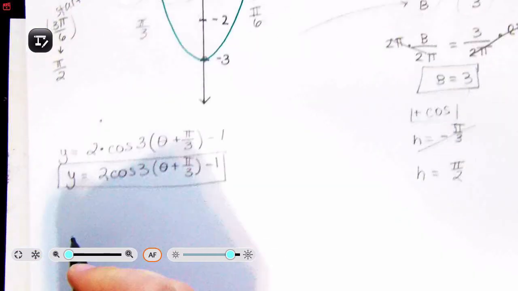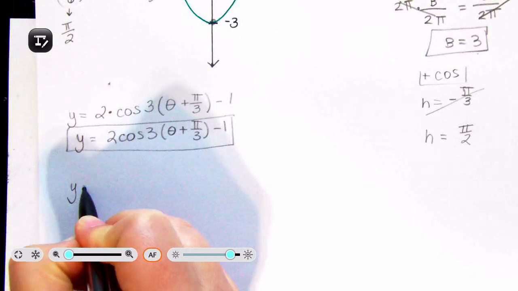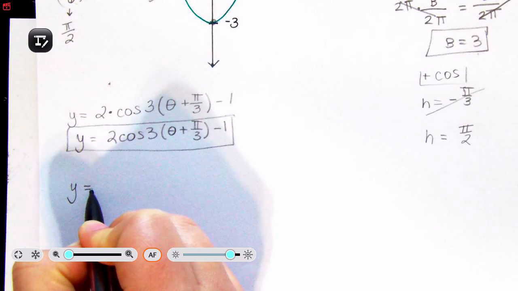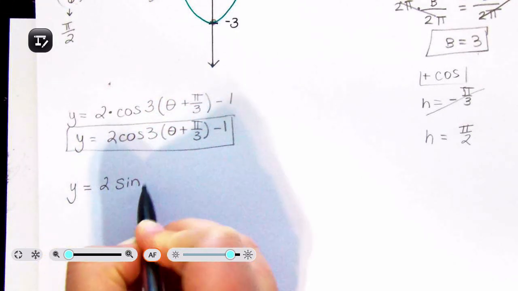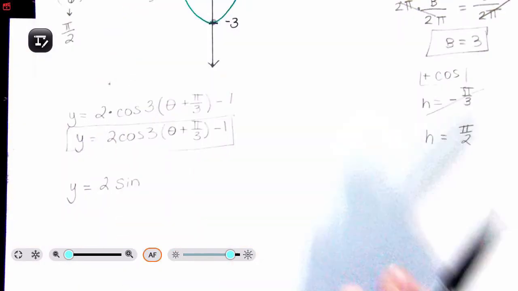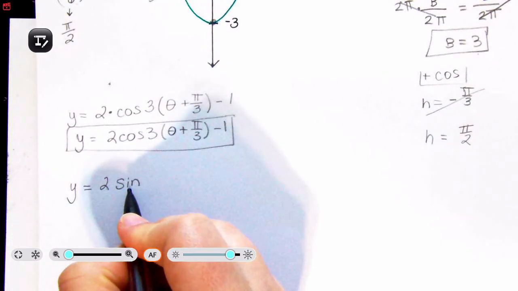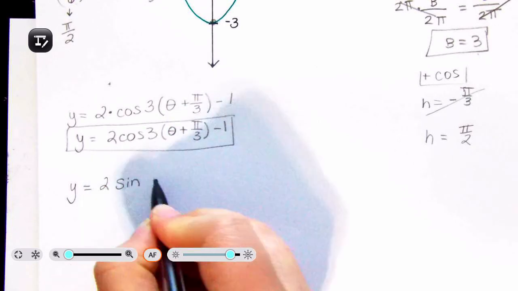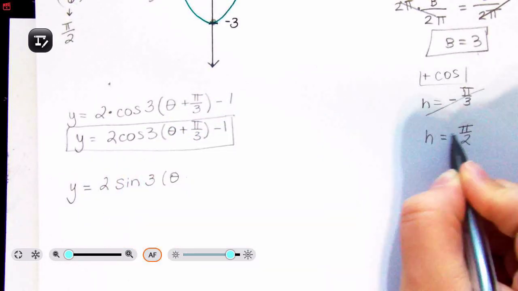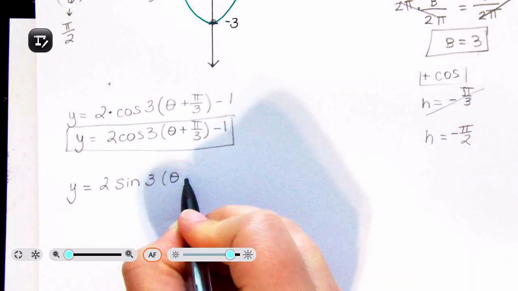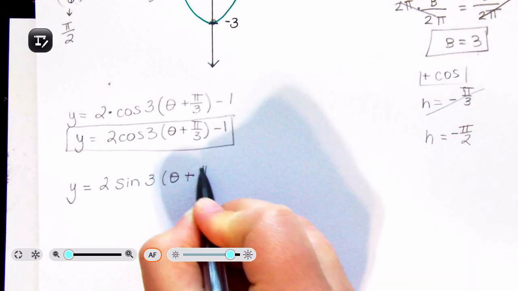So how will our equation look? Well, it's going to look like y equals, what's our amplitude? Our amplitude is 2. We are now choosing to do a positive sine wave because it goes up. So 2 times sine, what's our b value? Our b value is 3 times theta. H is negative pi halves, so do the opposite, which is positive pi halves.